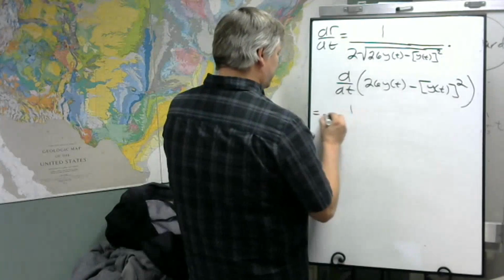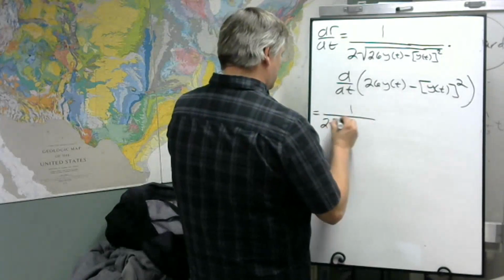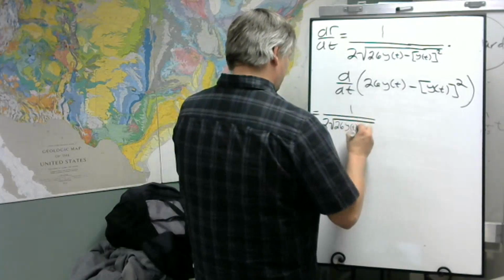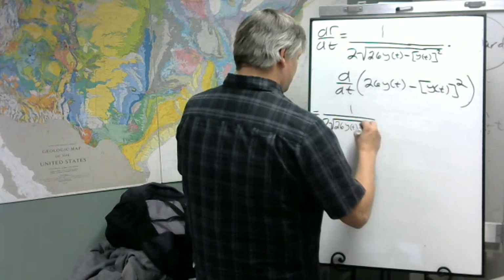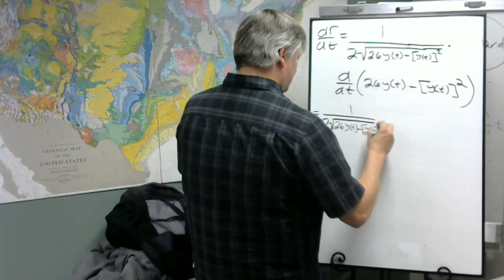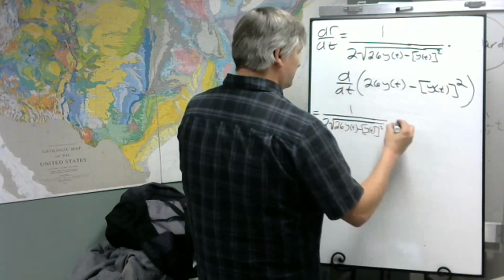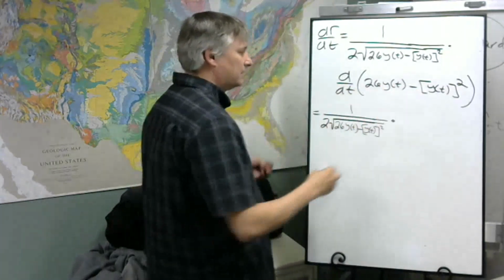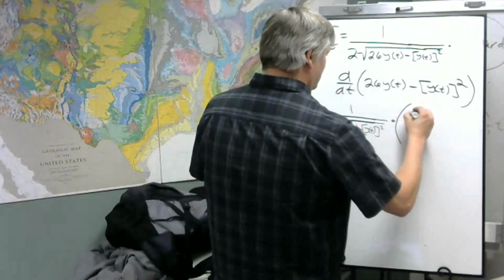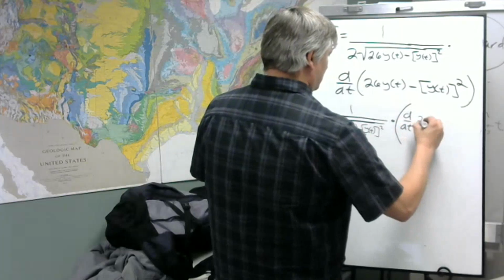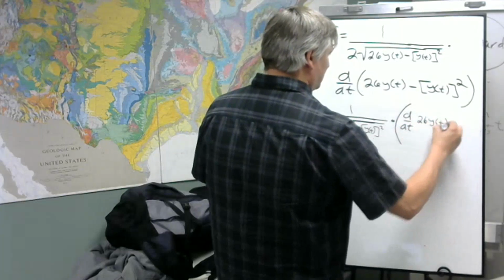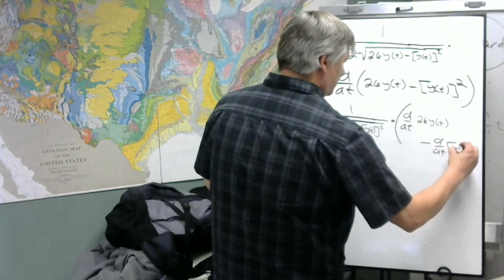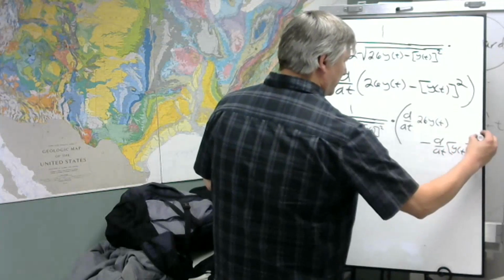So you have 1 over 2 square root of 26y of t minus y of t squared, times, and so we'll distribute the derivative, d/dt of 26y of t minus d/dt of y of t squared.